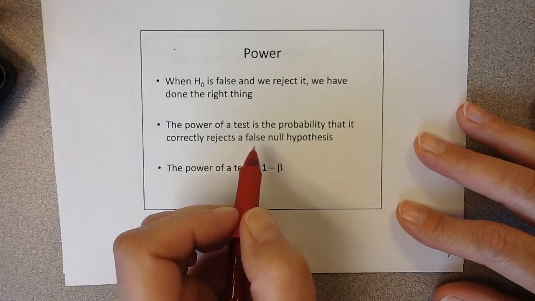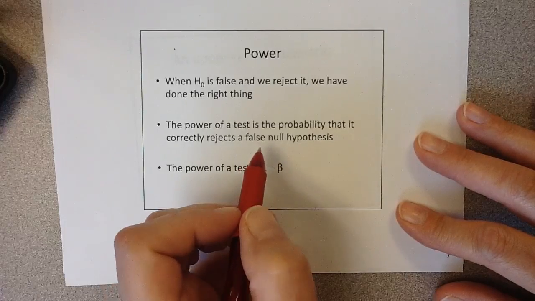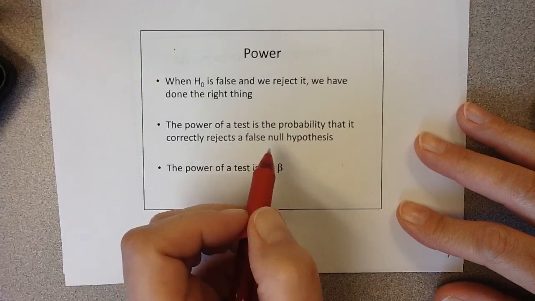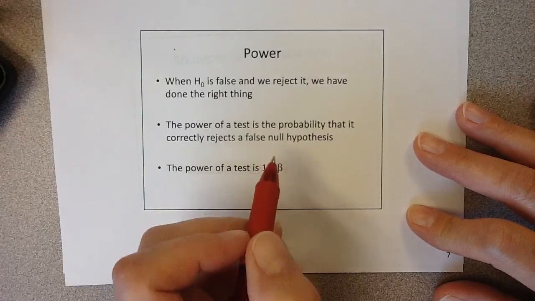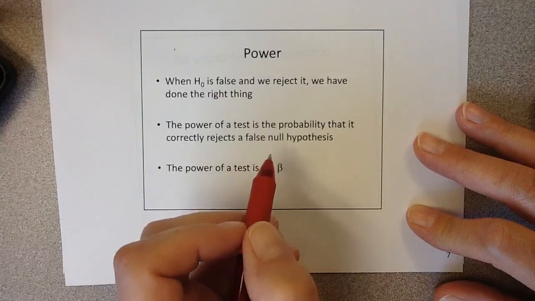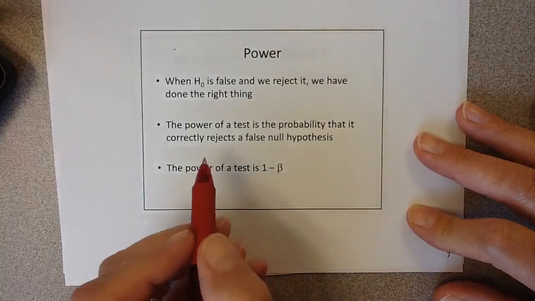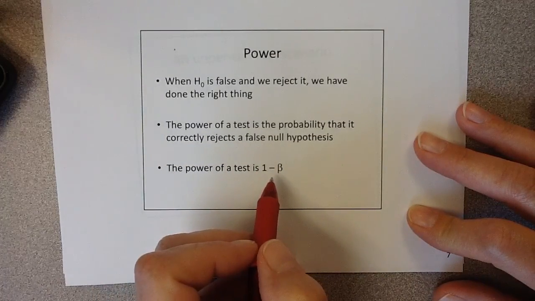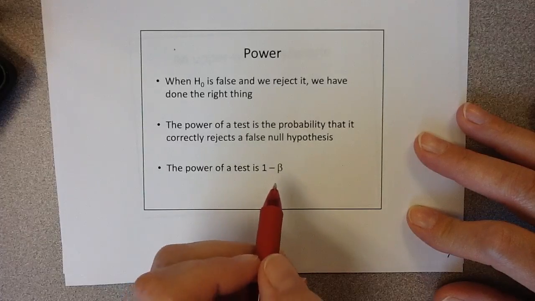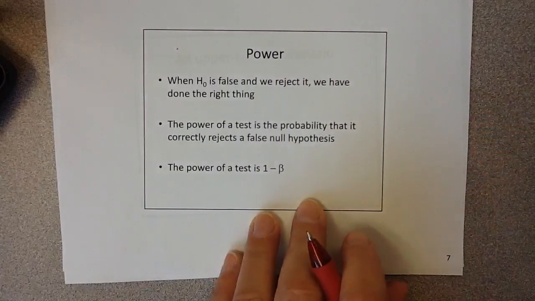So the power of the test is the probability of correctly rejecting a false null hypothesis. So making that correct decision for a false hypothesis. And the power of that test is 1 minus beta. Again, we don't have to calculate it, but we'll look at a picture to hopefully make it make a little more sense in a few minutes.